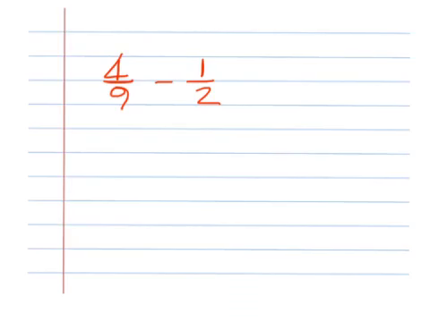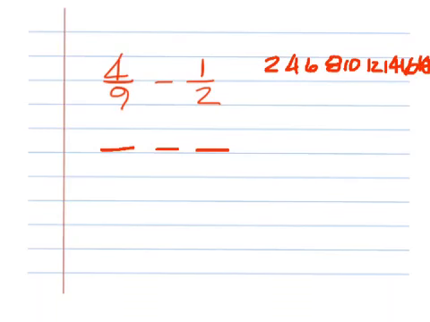Bonus number 5. 4/9 minus 1/2. The solution for this, you need a common denominator between the two of them. You have 2, 4, 6, 8, 10, 12, 14, 16, and 18, and then 9, 18. 18 is the lowest number.